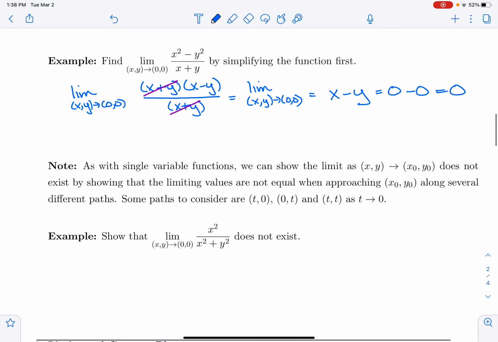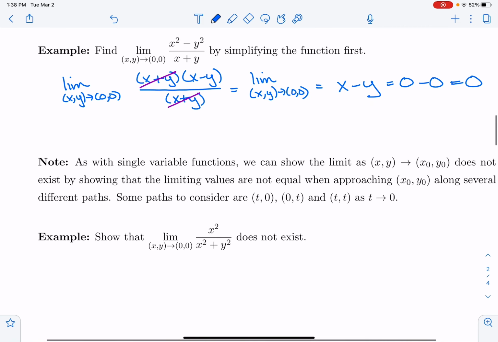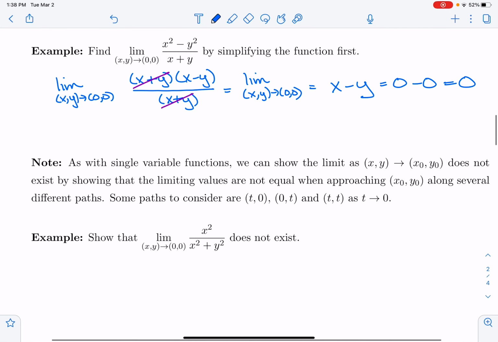Now, let's look at an example where the limit does not exist. And the way that we're going to show that a particular limit does not exist is we want to use the same concept as we had in single variable calculus, which was to approach from the left and approach from the right.